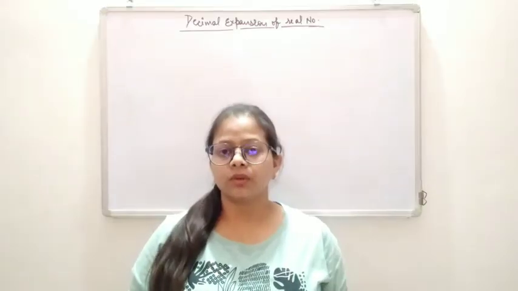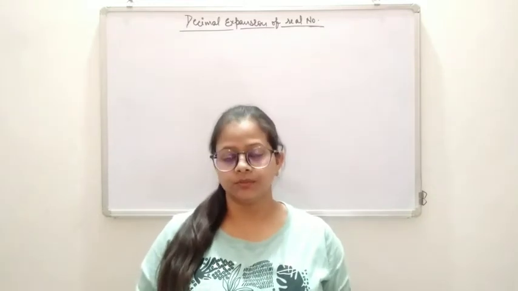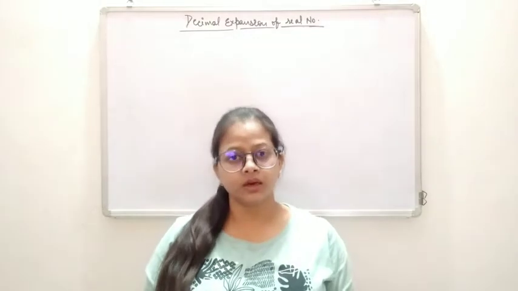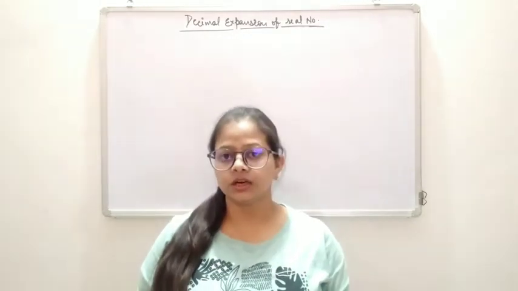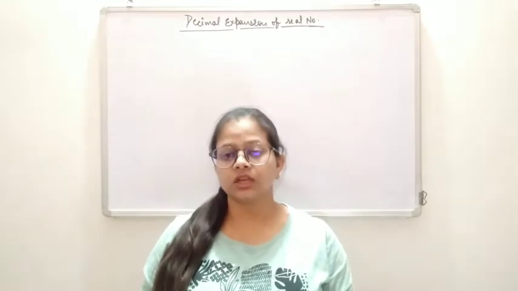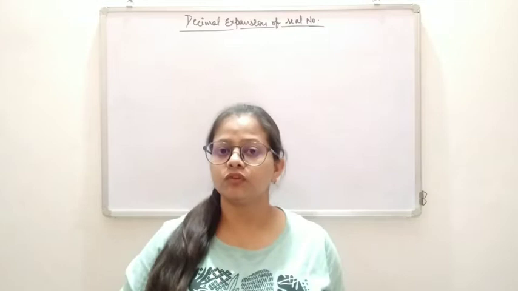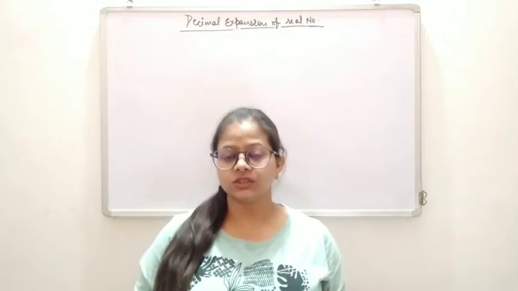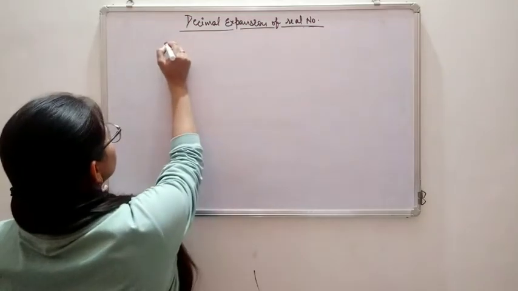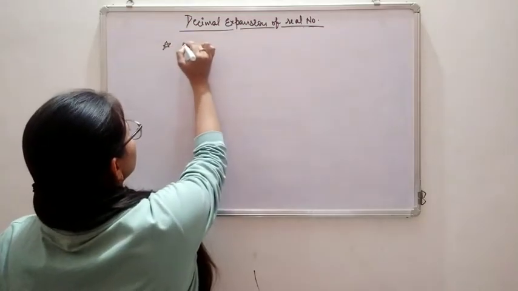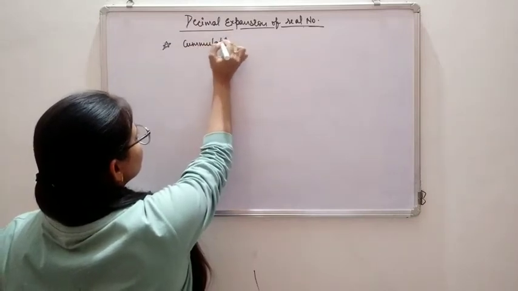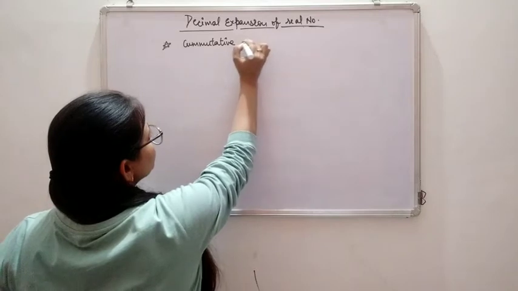Okay, so now we will talk about the operations on real numbers, right? So we know that there are some basic properties of real numbers, that is commutative property, associative property and distributive property. And rational numbers and irrational numbers both follow these properties for addition and multiplication, right? So the properties: first, commutative property.